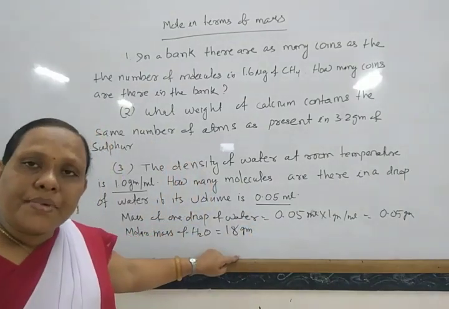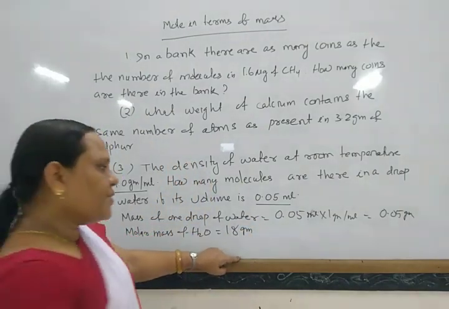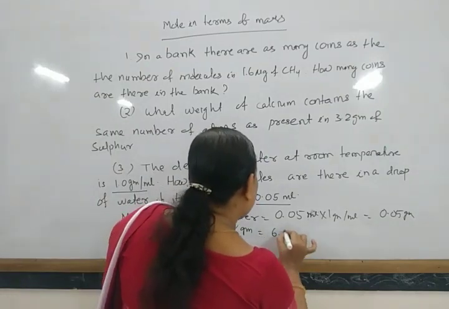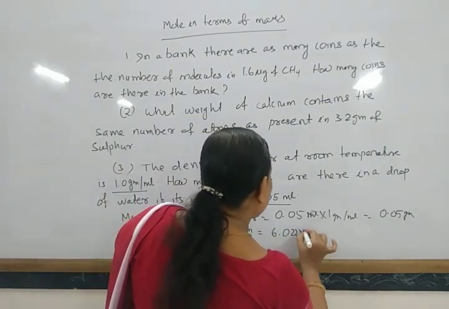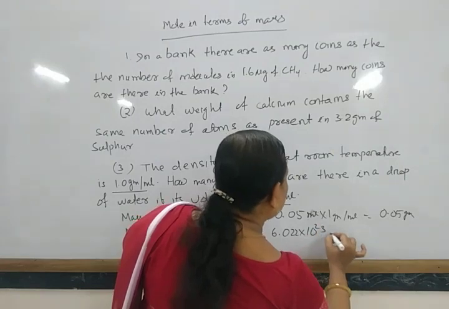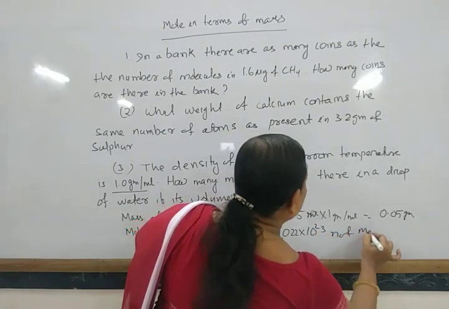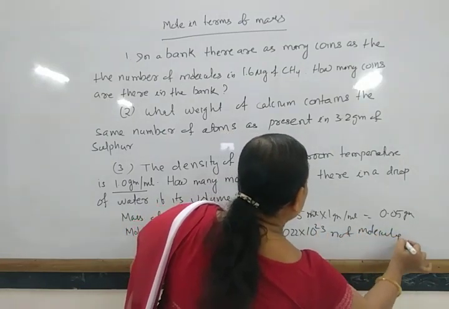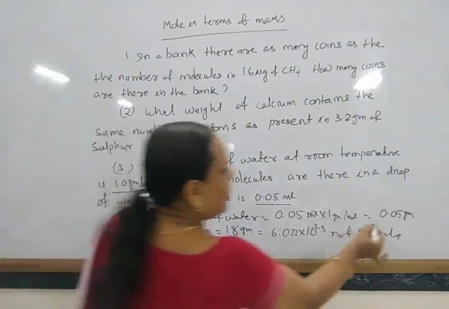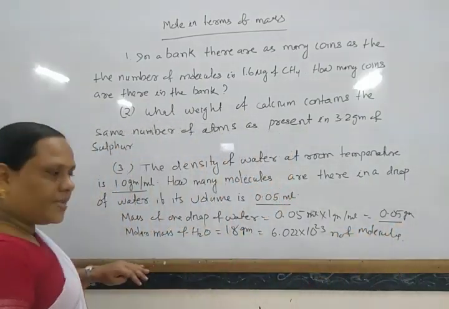So 18 gram contains how many molecules? That is 6.022 × 10^23 molecules. Then what is the weight given? 0.05 gram.